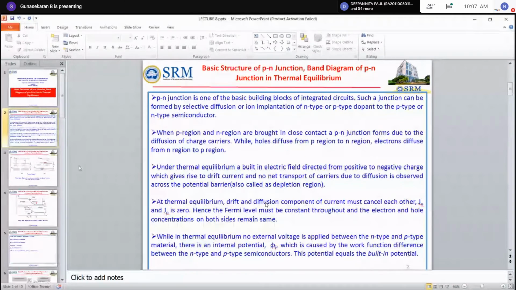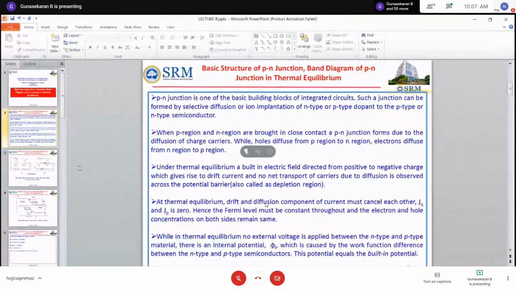Once impurities are added, you get charge carriers, electrons and holes. After getting the electrons and holes, how do you implement it? The PN junction is one of the basic building blocks of integrated circuits.